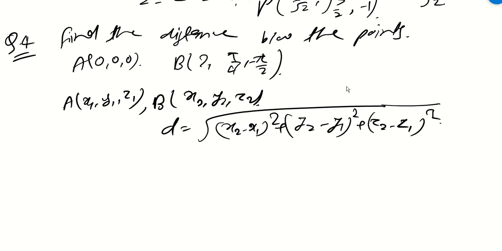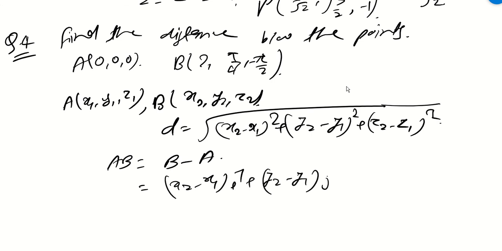Or basically you can find the vector AB, which will be B minus A, and then find the magnitude of that vector. So B minus A vector will be (x2 minus x1) i cap plus (y2 minus y1) j cap plus (z2 minus z1) k cap, and if you find the magnitude, you will end up getting this, right?